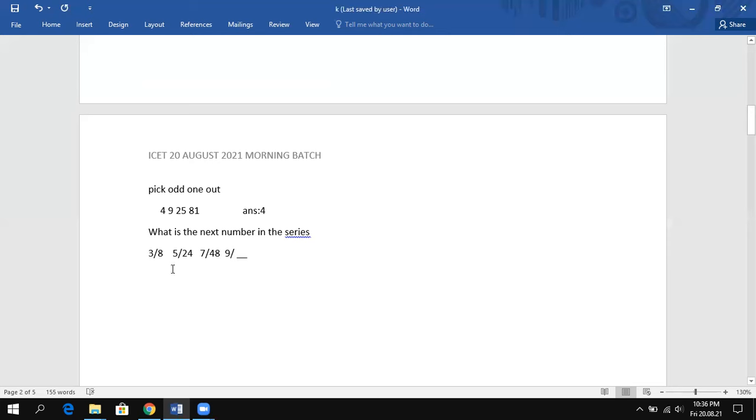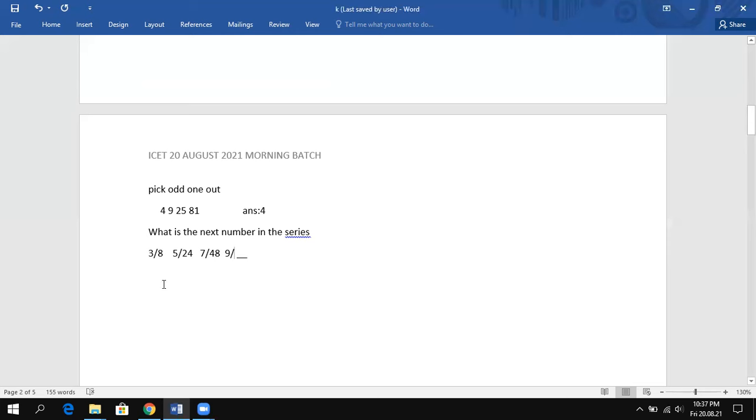And if you observe the denominators, 8, 24, 48, these three numbers are multiples of 8. 8 1s are 8, 8 2s are 16 is left in between, 8 3s are 24. Then 8 4s are 32 and 8 5s are 40 are left, two numbers left in between, and 8 6s are 48.